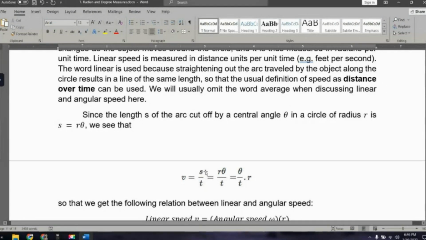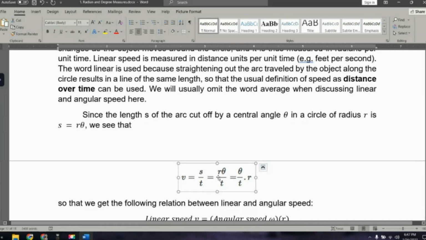Okay? And we can actually use the definition of arc length in place of the arc length. Right? We just substitute r times theta in place of arc length. Did you get it? Did you get our point?